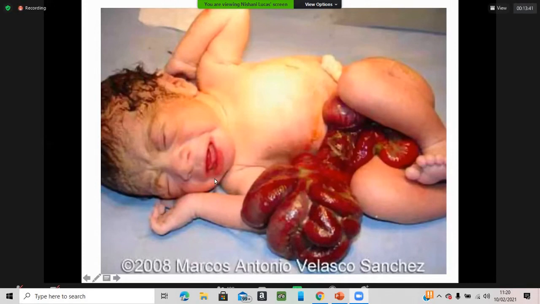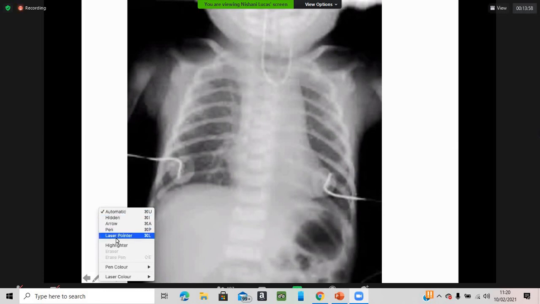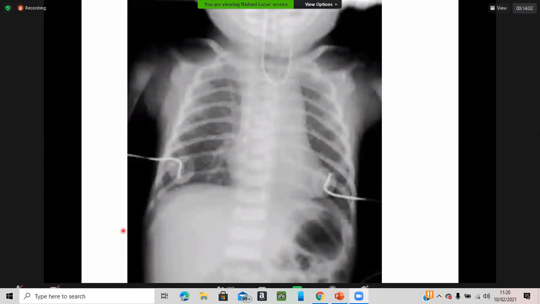That's right. So the intestines are out. Okay. And this X-ray? Focus on the upper part. That's also a gastrointestinal abnormality.